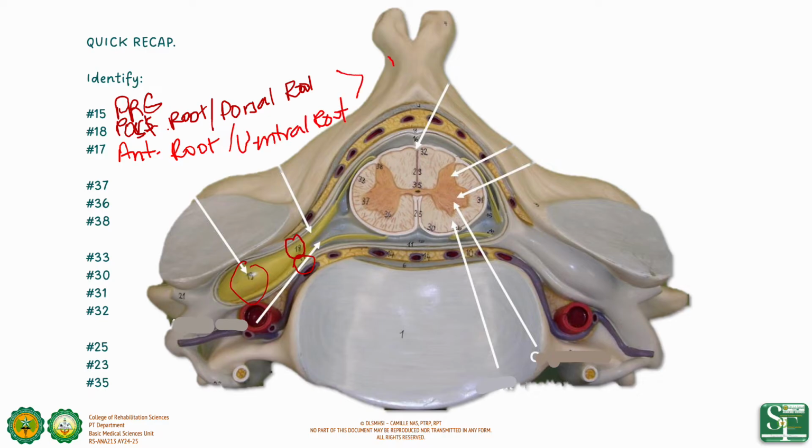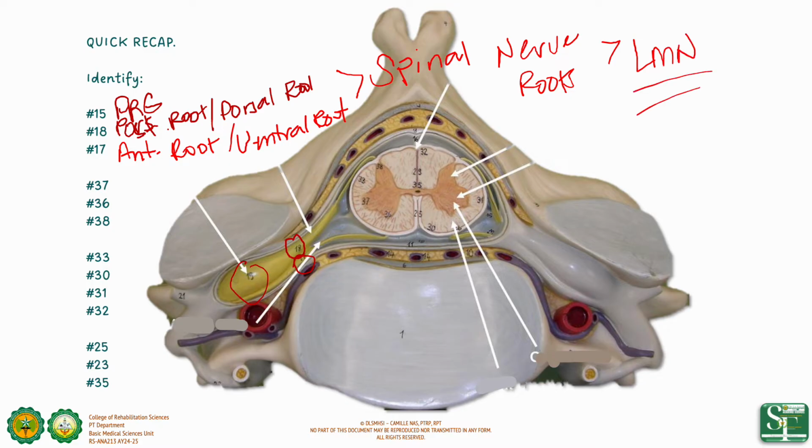Collectively, they are called your spinal nerve roots. And I guess my next question is, is this an upper motor neuron or lower motor neuron? This is considered under lower motor neuron. Again, lower motor neuron.